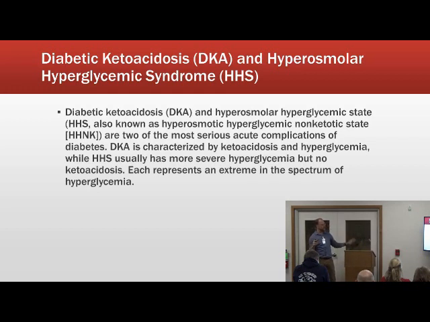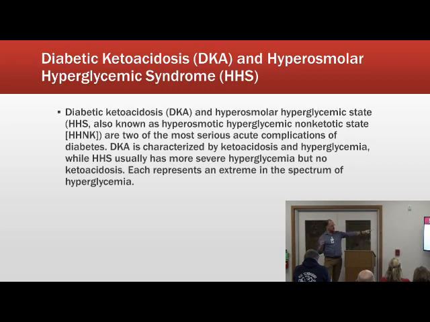We'll talk a little bit about it, and the goal isn't for you to be experts in HHS, but at the end of this, I'd like you to think, hey, is this maybe DKA or is this maybe HHS? There are some clues, and sometimes it's not clear. So DKA and hyperosmolar hyperglycemic state are two of the real serious acute complications of diabetes, okay?